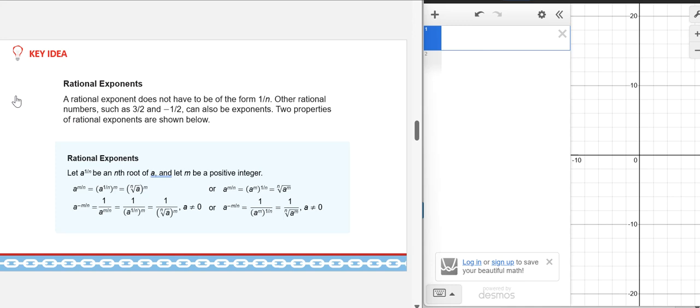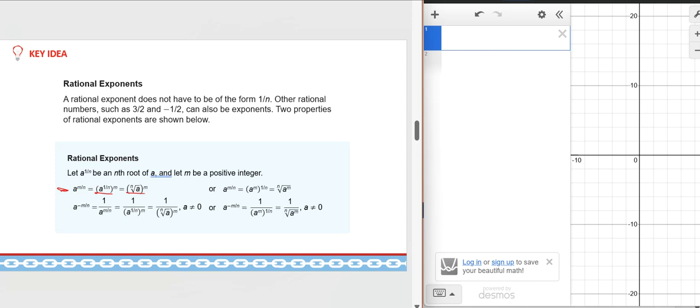So here in our first example, we have a to the m over n, and what they're doing here is kind of separating out the numerator and denominator of that exponent. But what we can ultimately do is take the nth root of a and then to the m power, right? So that numerator in that exponent becomes the exponent after you take the nth root.